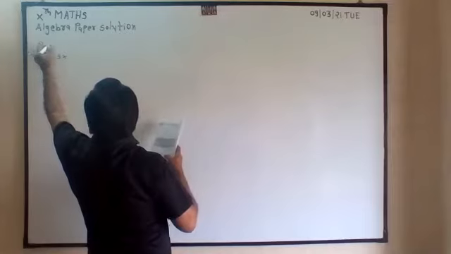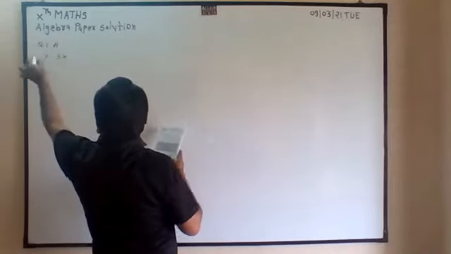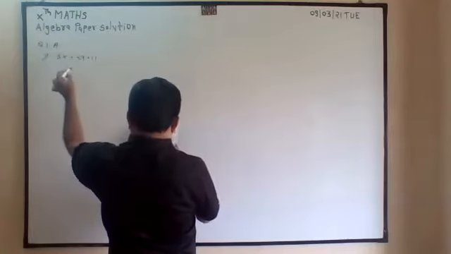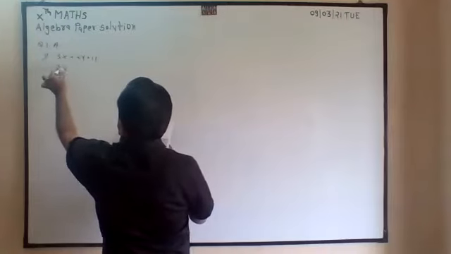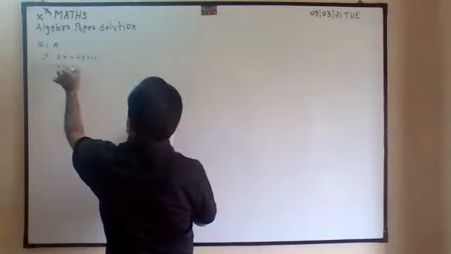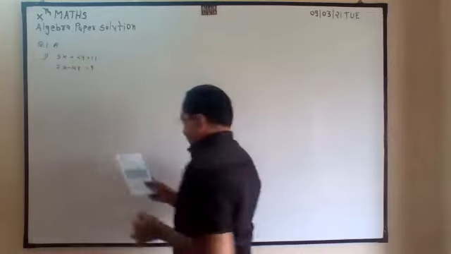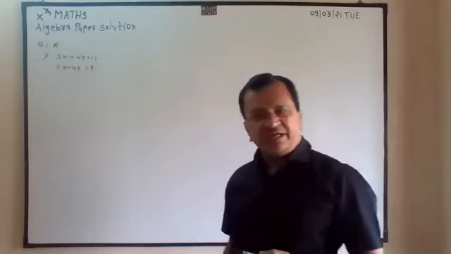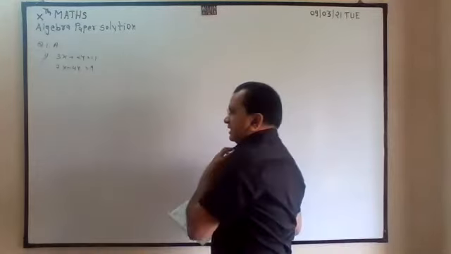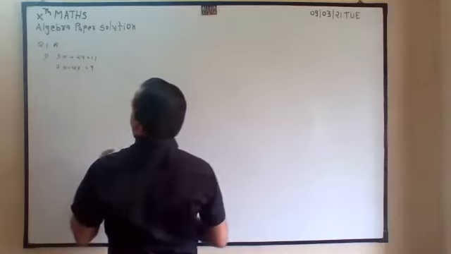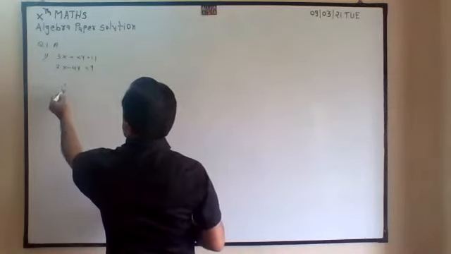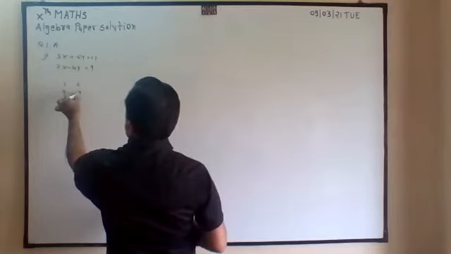Question number 1A first. 3x plus 2y is equal to 11. 7x minus 4y is equal to 9. Find Dx. Dx means 11, 9, 2, minus 4.